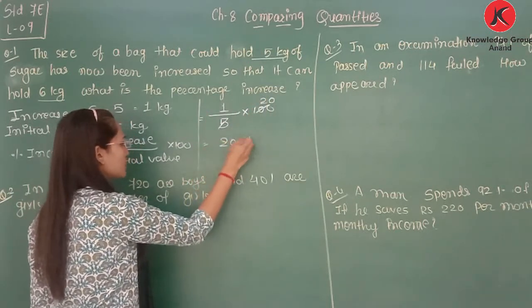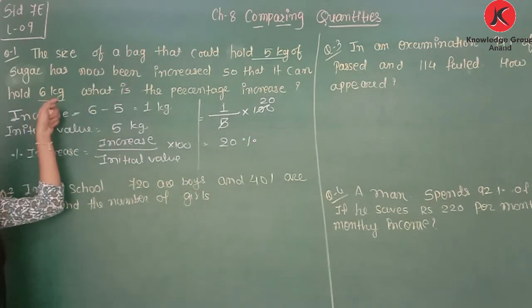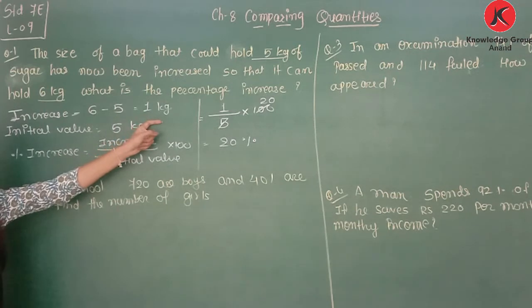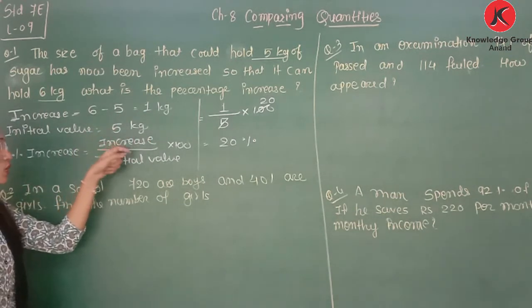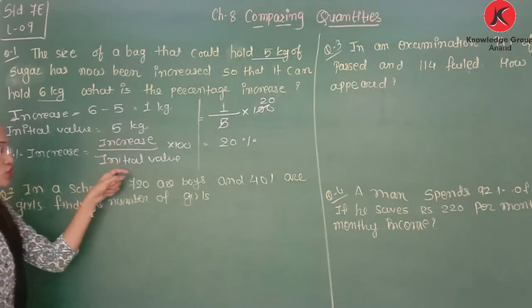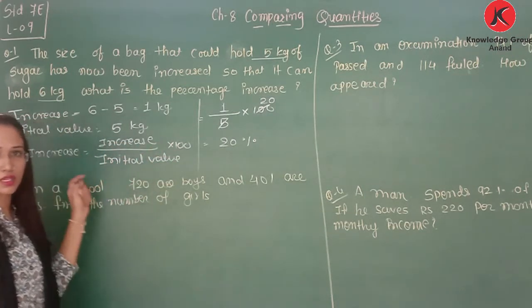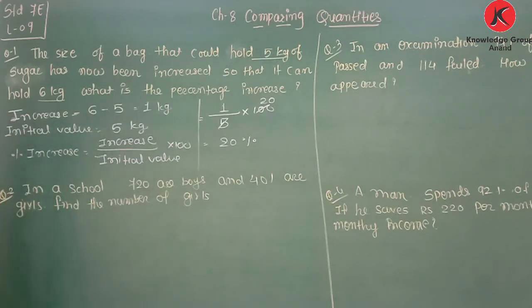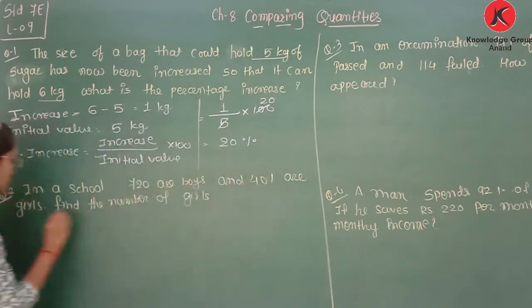So the increase percentage is 20%. Okay, from 5 kg it is increased to 6 kg, meaning a 1 kg increase. Original value is 5 kg, so we write the values in the equation. Increase is 1 kg, initial value is 5, 5 twenties are 100, so a 20% increase in weight. Clear?